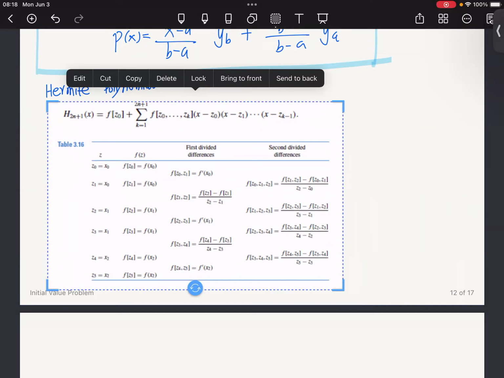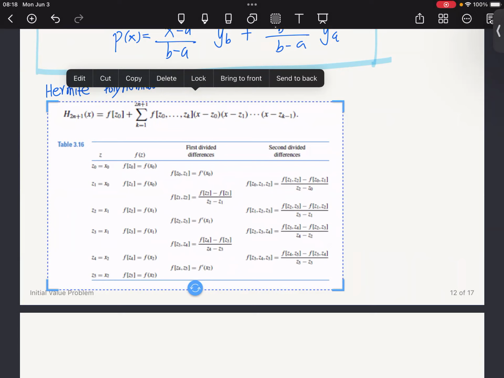For example, we have the nodal point A, and then we duplicate A here, so we have two rows for the A point, and then this is another nodal point in between, and we duplicate it too, because we have to interpolate both the nodal point value and the derivative.